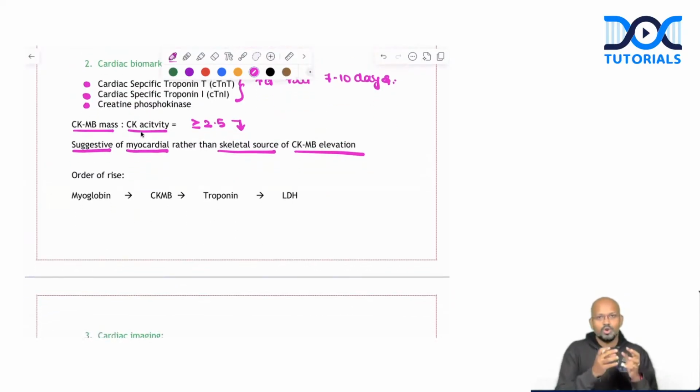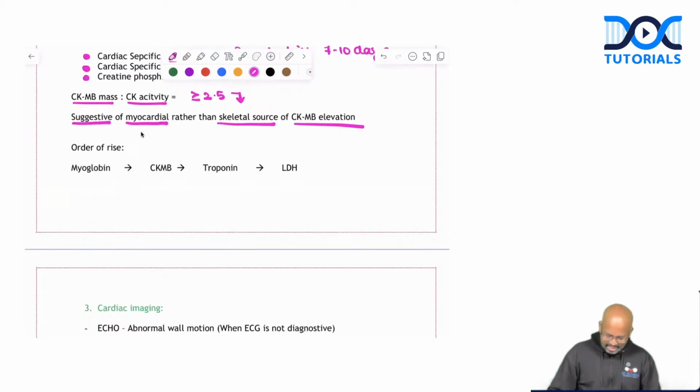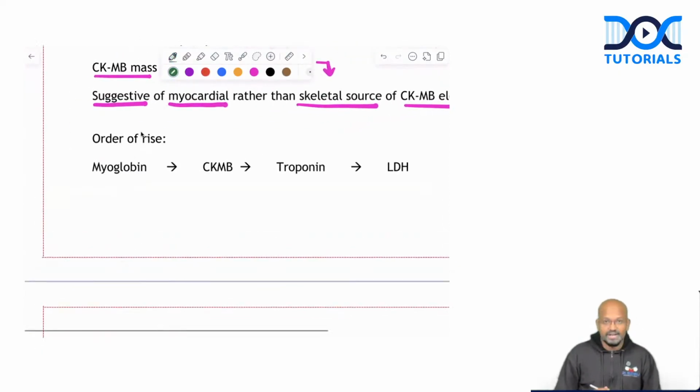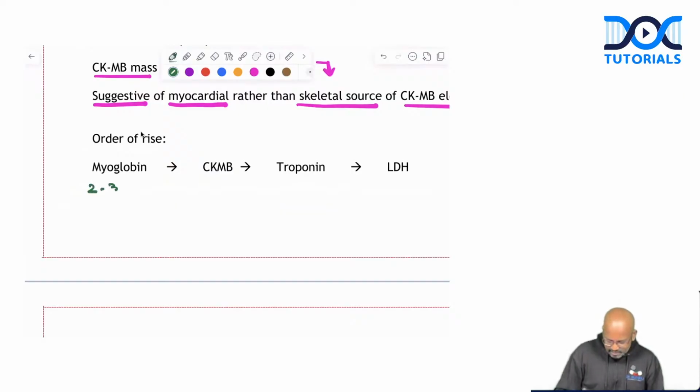So what is the order of rise of proteins in the blood following myocardial infarction? This order is very important. It has been asked multiple times in previous exams, be it NEET PG or INI-CET. Initially there will be a rise of myoglobin, 2 to 3 hours after myocardial infarction.